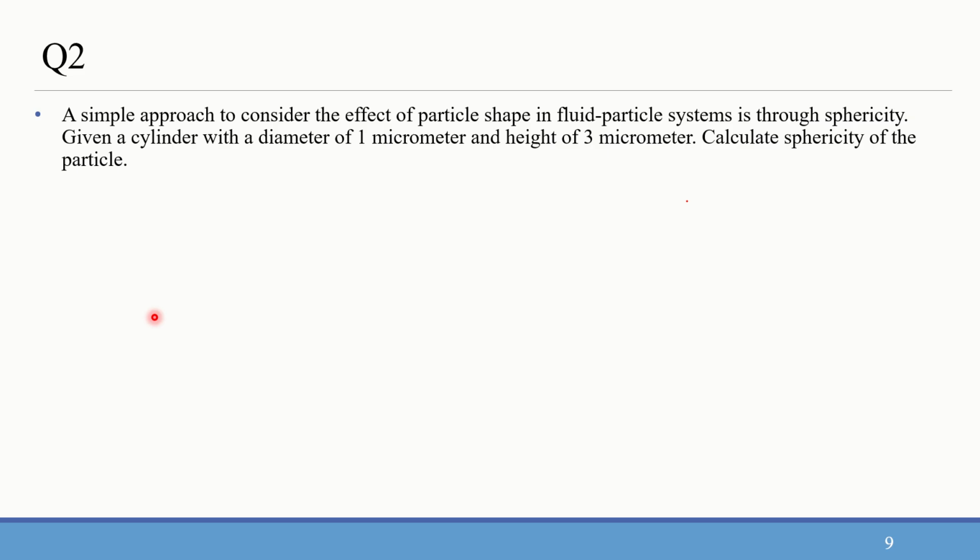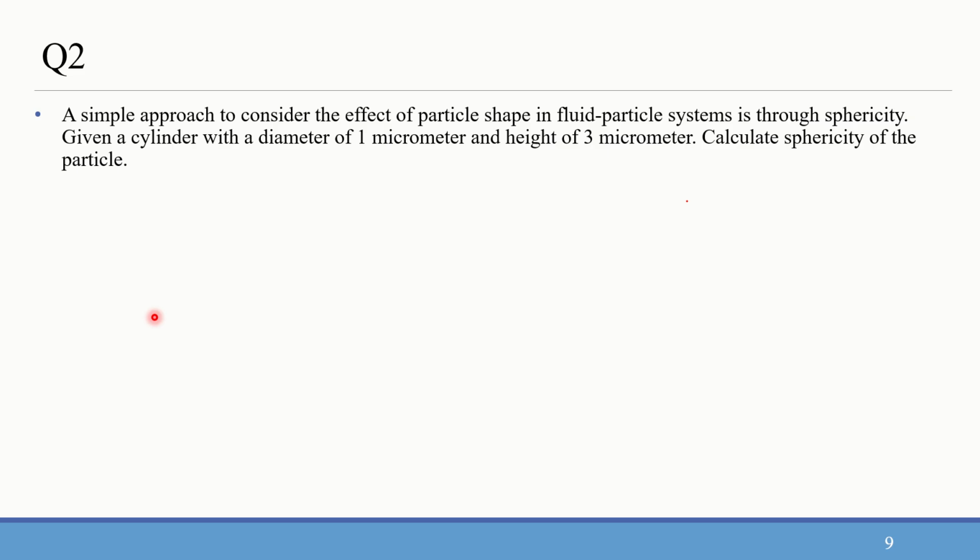Similarly, whenever we are talking about particle shape, we need some base to compare to, so we obviously compare it with the sphere. We can say that spheres behave like this, but non-spherical shaped particles behave like this. So these are the ways in which we can study the shape of the particles.